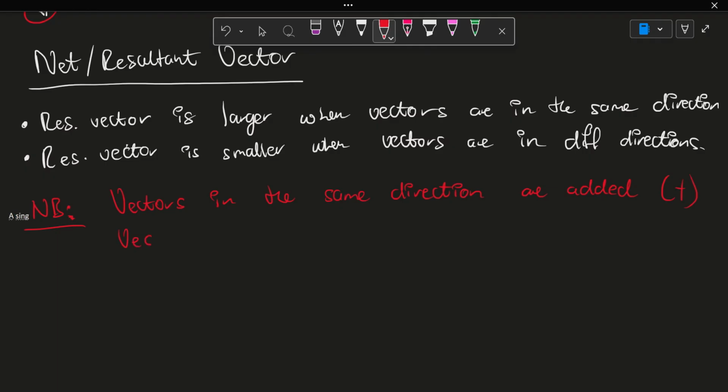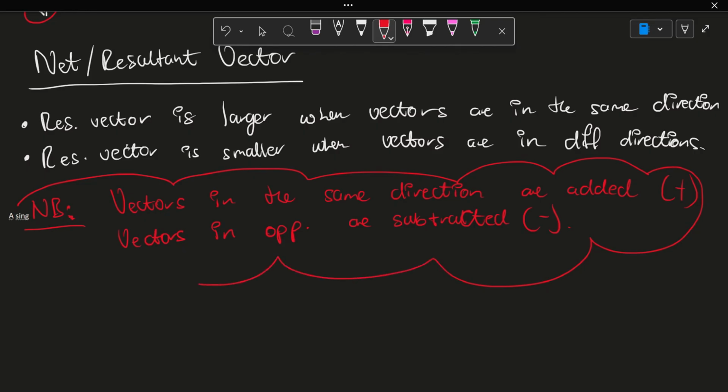And vectors in opposite directions are the inverse of addition, which is subtraction. So vectors in the same direction, we typically add them, and vectors in opposite directions are subtracted. It's a very important point.